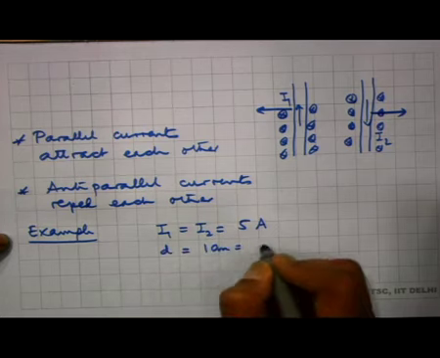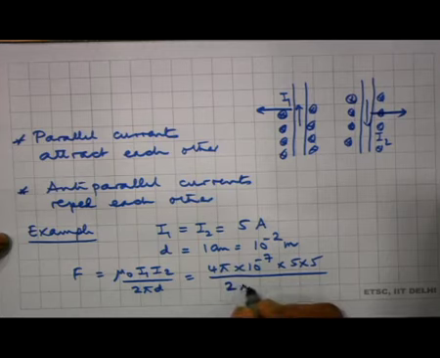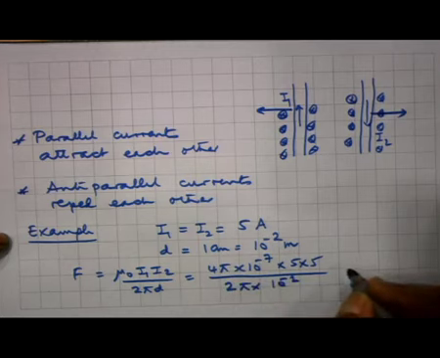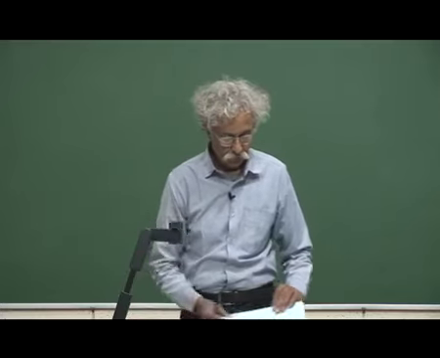So, the force of attraction will be equal to mu naught I1 I2 by 2 pi d, which is equal to 4 pi 10 to the minus 7 into 5 divided by 2 pi into 10 to the minus 2, which is equal to 5 into 10 to the minus 4 newtons per meter. So, the force of attraction between these two parallel currents will be 0.5 millinewtons per meter, and if the currents were oppositely directed, the same force will be a repulsive force between the two currents.